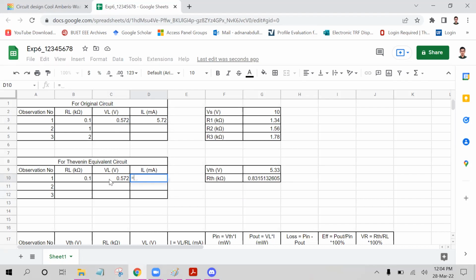To measure IL, we can use Ohm's law, VL by RL. So everyone, please complete the observation number 2 and 3. I'm giving you some time. Please complete these two observations.